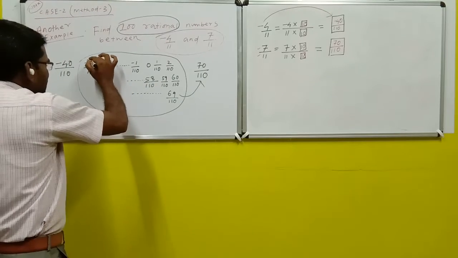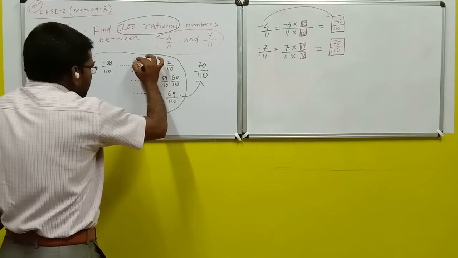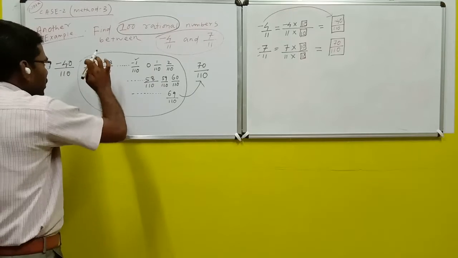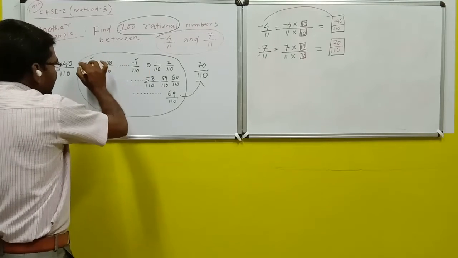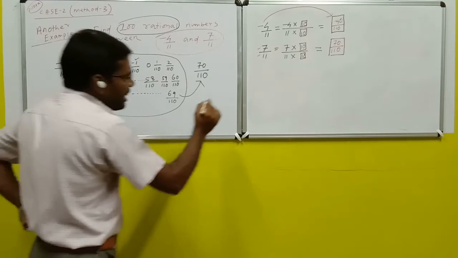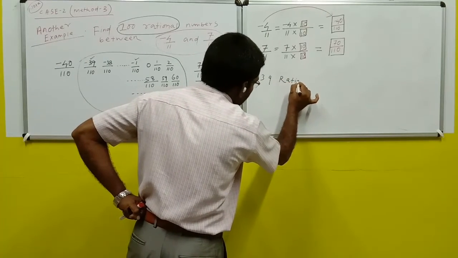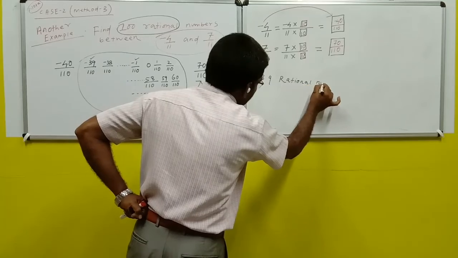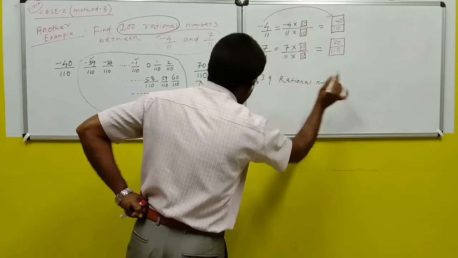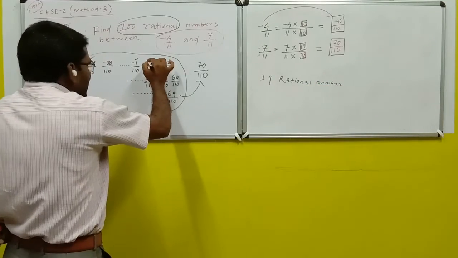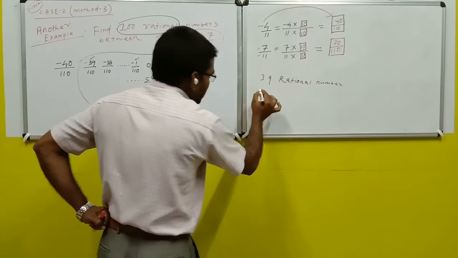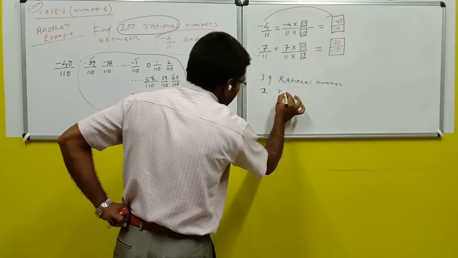From these to this, they are 39 rational numbers. Zero is a rational number. It is one rational number.